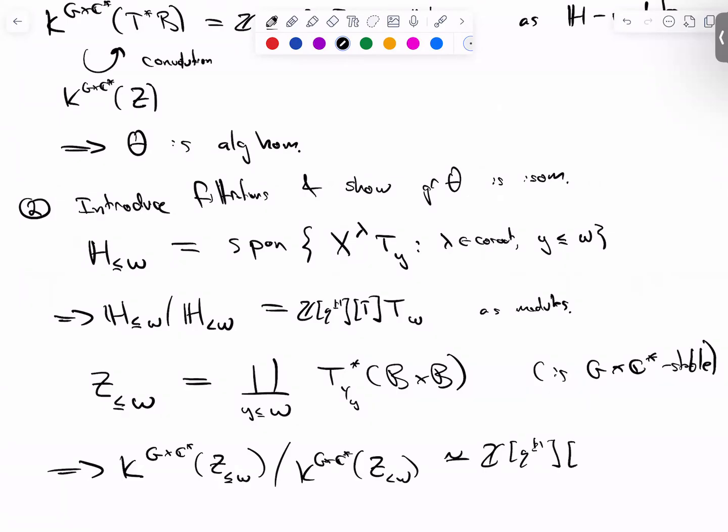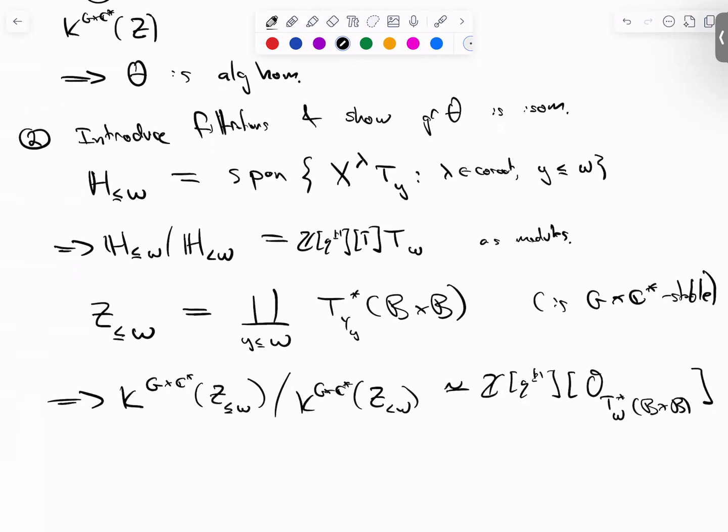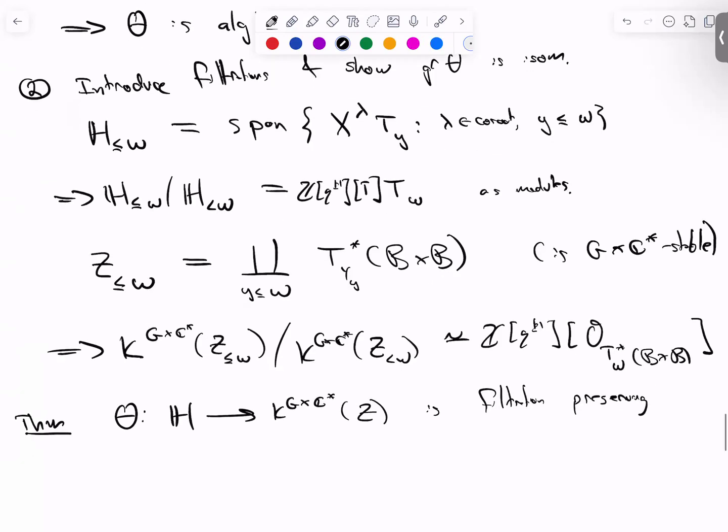I'll just write down. So the final thing before the break: the map theta, which was defined by generators, is filtration preserving. And on each filtered piece, it's an isomorphism.